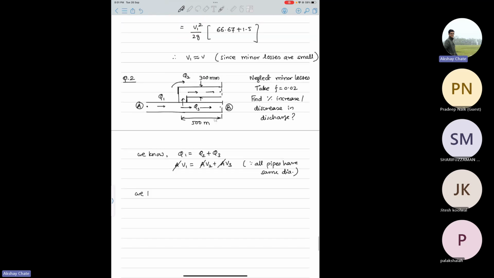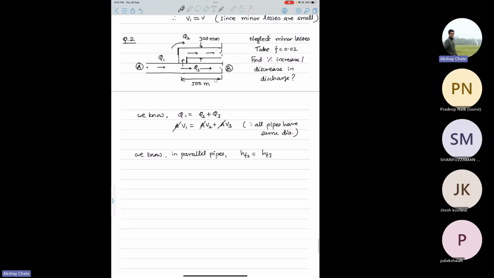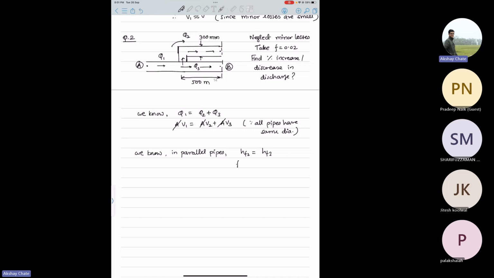We know in parallel pipes, HF2 will be equal to HF3, right? And the formula is f L2 Q2 square divided by 12.1 D2 power 5 will be equal to f L3 Q3 square divided by 12.1 D3 power 5.